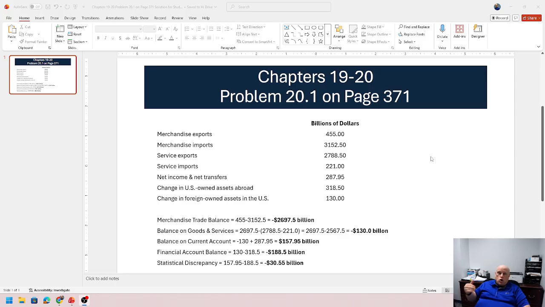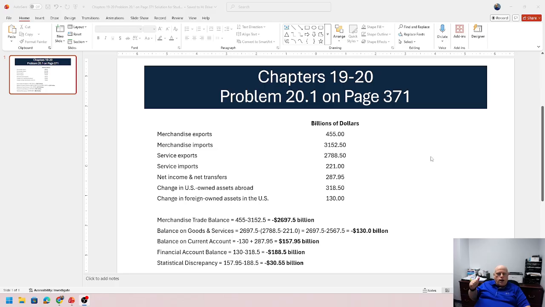You have to make sure that you're plugging in the numbers correctly and paying attention to whether it's a positive number or a negative number. There's a big difference between negative 188 billion and positive 188 billion. So you have to make sure that you're doing the calculations correctly.